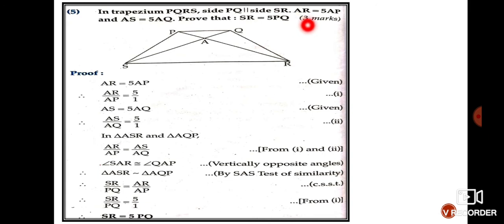We talk about AR and AP, and then you have AS and AQ. So you have AR, AP, AQ and AS. And you know that, talking about a trapezium, these two lines are parallel. So you are talking about these two triangles.